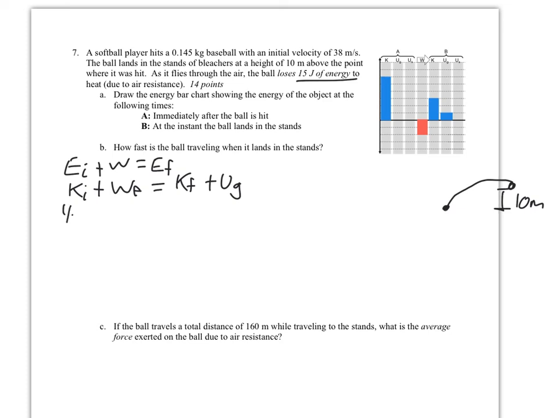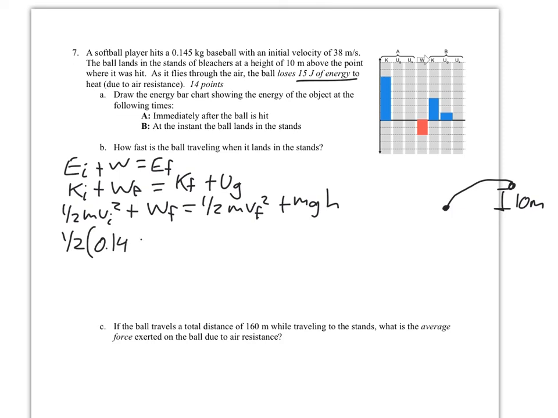And so we can sub in our equations here. I'm going to leave this as WF because we're going to just put in this 15 joules. That is the work being done. All right. And then our gravitational potential. And so we once again sub in the things that we know.